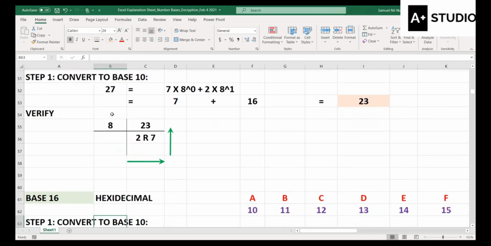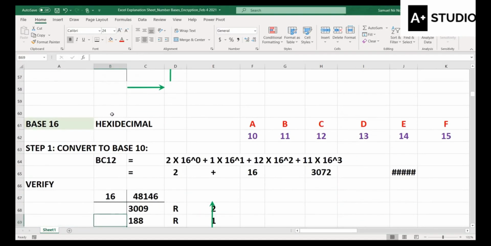Now, I'm going to take an example in base 16. This is a little bit involving, but I've done part of it.